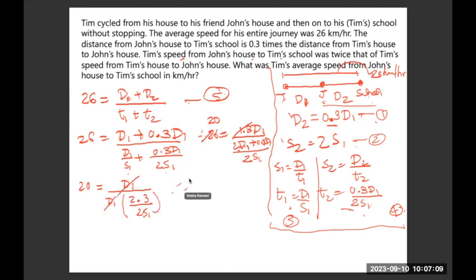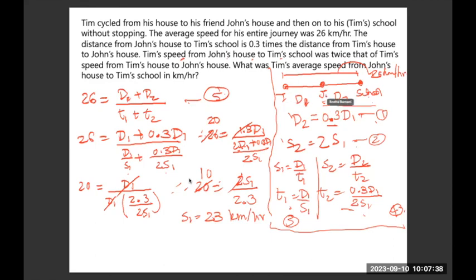So this can also be written as 20 equal to 2.3 upon 2S1, and it's divisible by 10. So S1 will be 23 kilometer per hour. S1 is the speed between Tim's house and John's house.